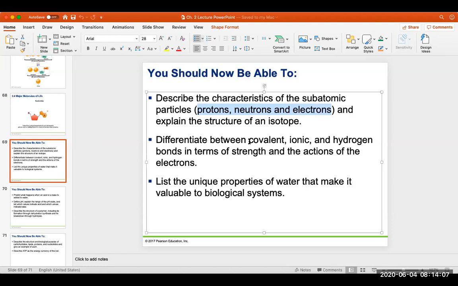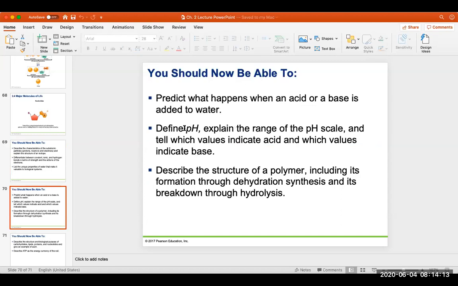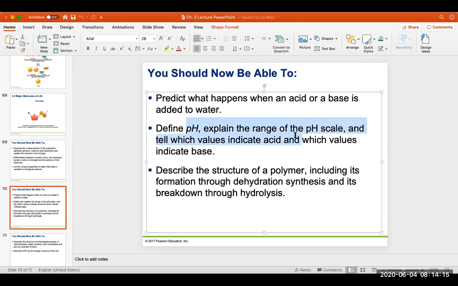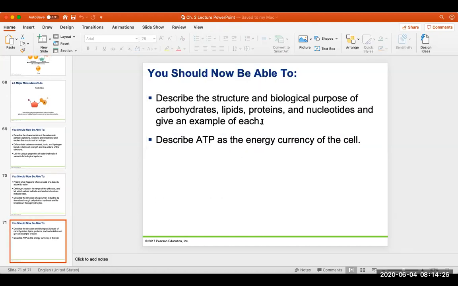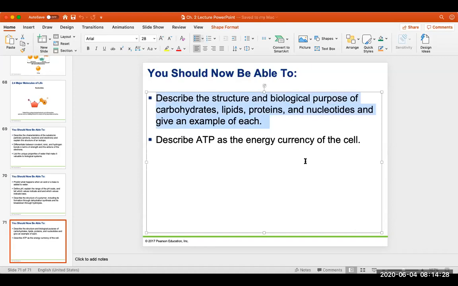You should be able to differentiate between these types of bonds, listing the unique properties of water, understanding the pH scale and which values indicate an acid and a base. You should understand what dehydration synthesis looks like and what hydrolysis looks like. And you should be able to understand the general structure of these macromolecules in a cell and describe how ATP is the energy currency of the cell.